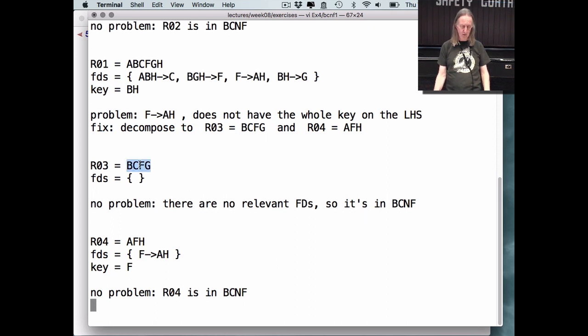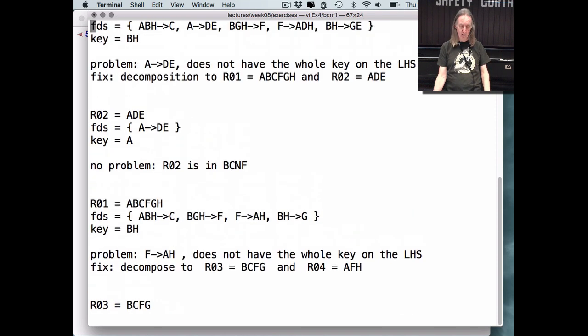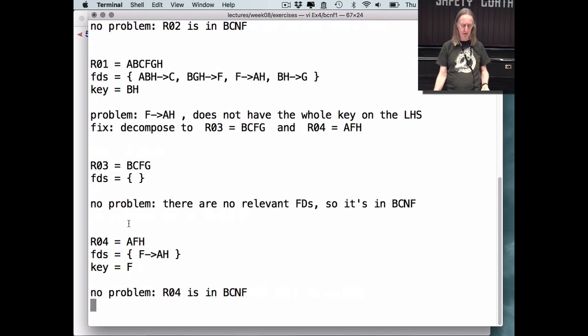So that table is in BCNF. And what else have we got? R02 is in BCNF. So the final schema involves tables R02, R03 and R04. All of those tables are in BCNF, therefore the whole schema is in BCNF.